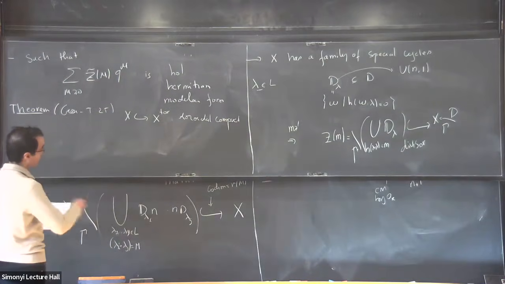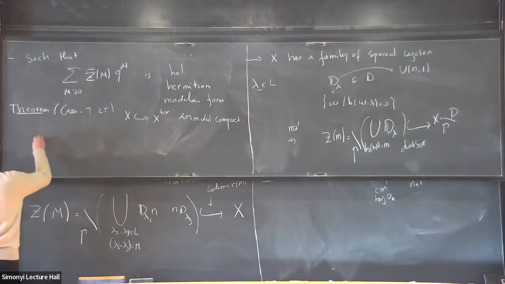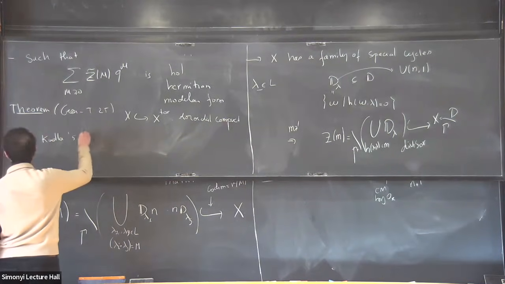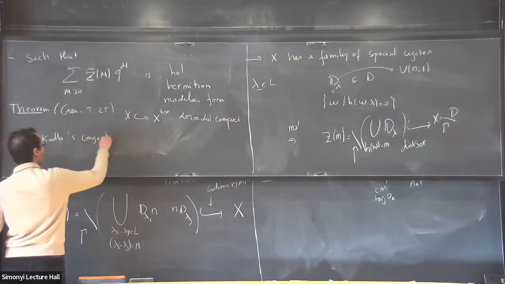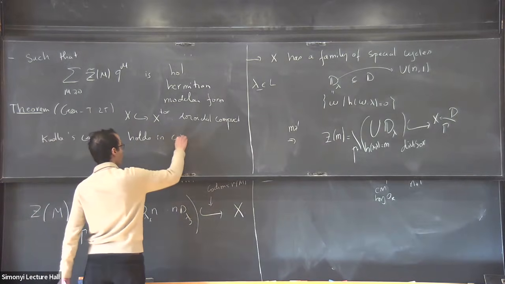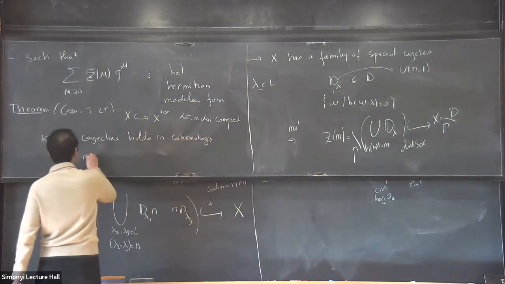So we can just work with this compactification, and there Kudla's conjecture for 2 holds in homology and up to the middle degree.